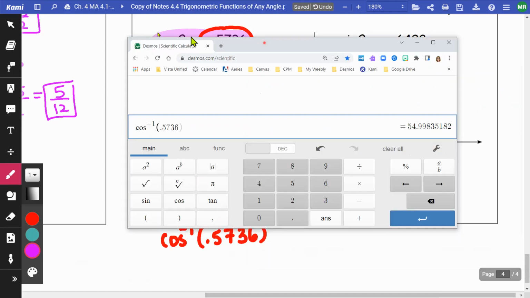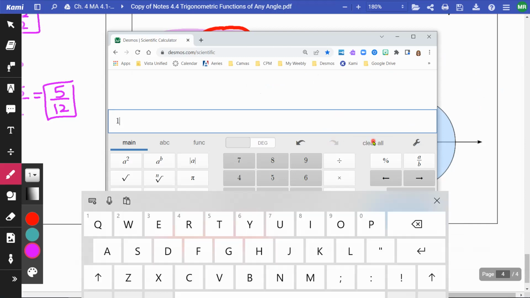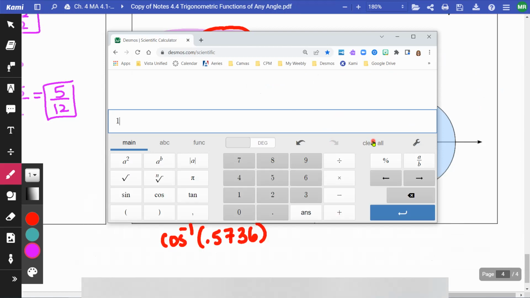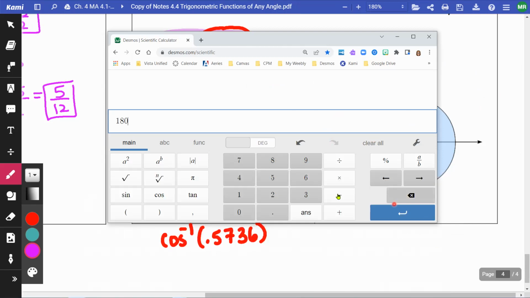So if I'm putting this in my calculator, let me clear this. I'm going to be doing 180 minus 55, which is going to be 125 degrees.